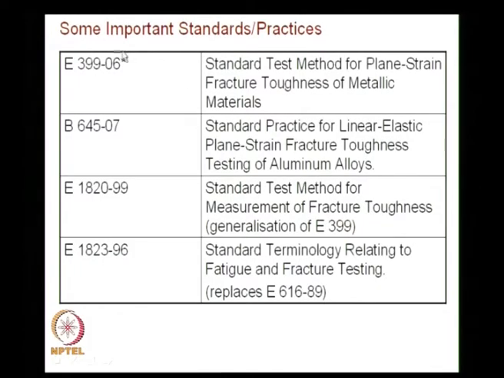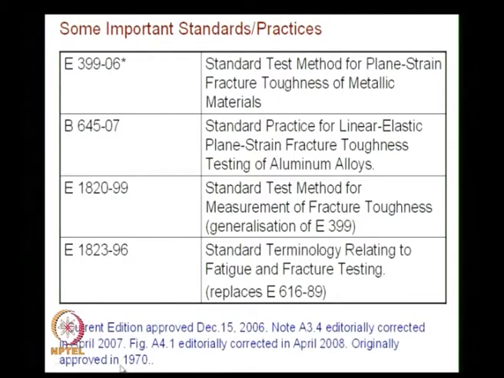Now, let us go back to some of the standards. You have important standards and practices in fracture mechanics, and we had actually looked at certain features of E399-06, and the 06 implies the year in which the standard was finally released. You have a history for this.